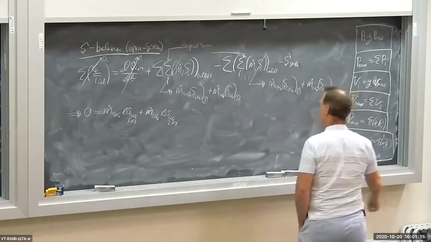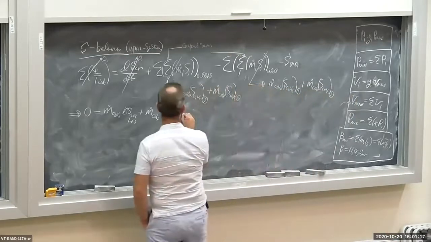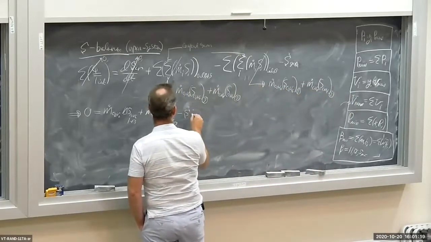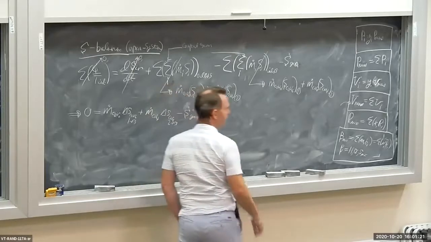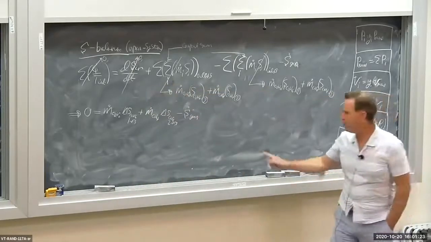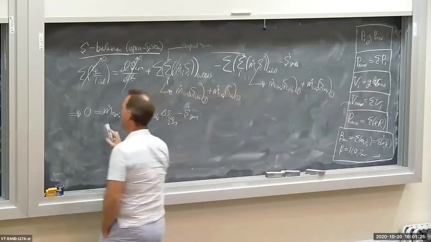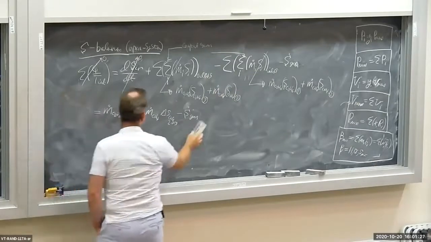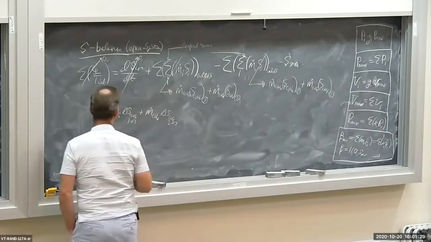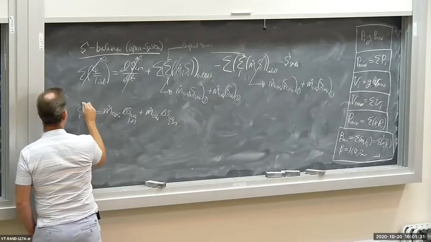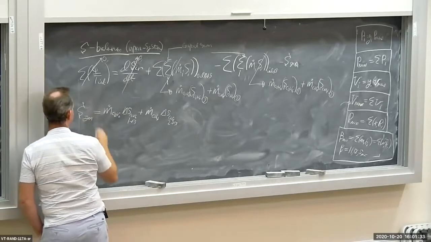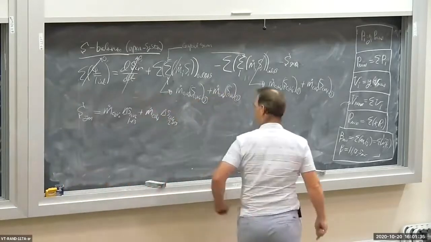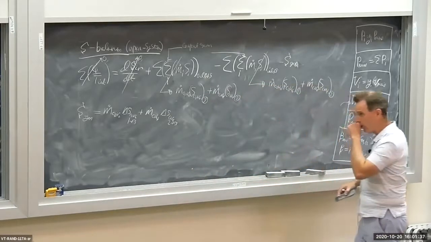Oh, and I forgot the S gen. Minus S dot gen. Let's put the S dot gen over on the other side of the equation. That's what we're looking for. S dot gen equals that stuff. Okay?